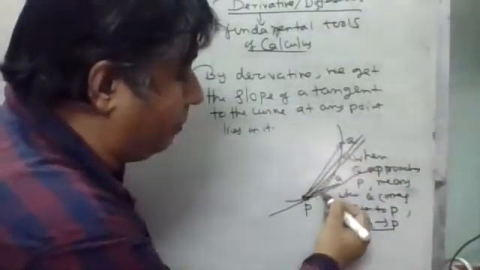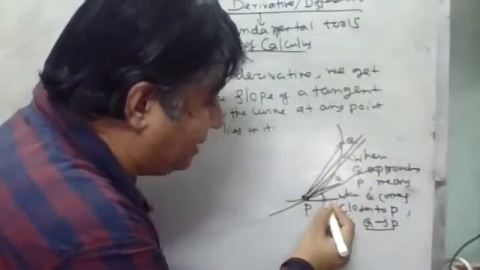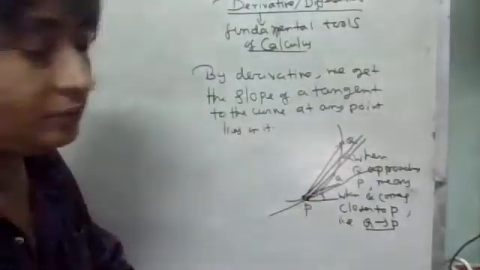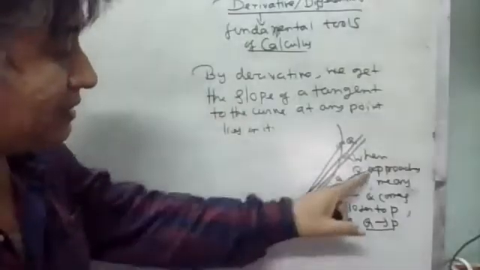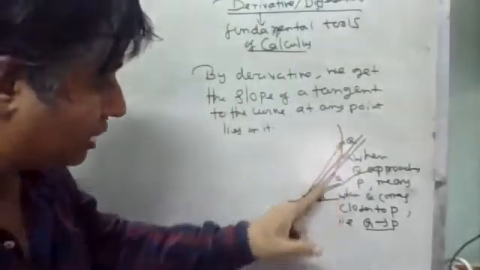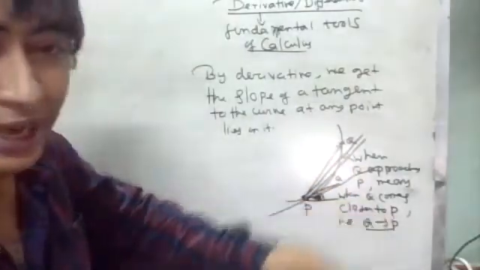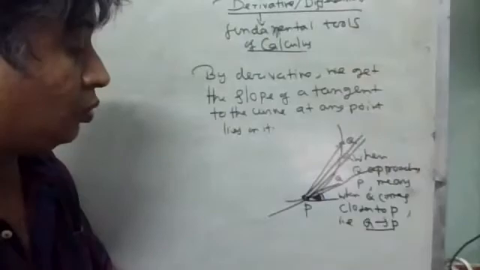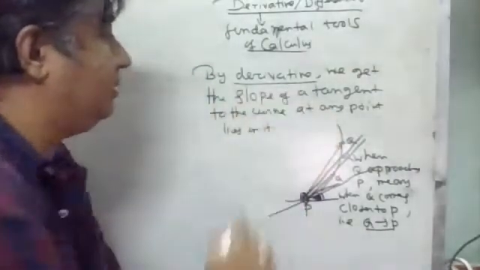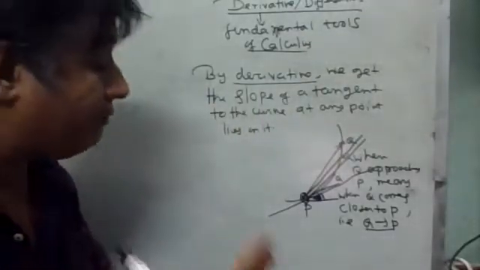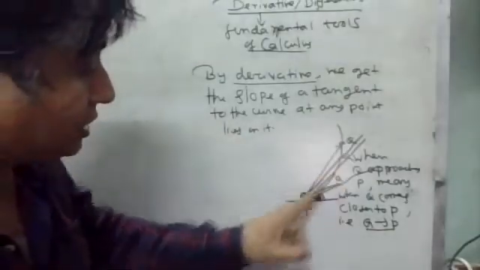That chord will become a tangent. Now, the slope of the tangent you can get by the inclination of this angle. Slope of the tangent at P to the curve gives you the inclination of the line with the horizontal axis. So once you get the tangent at this point, by definition derivative is done, or differentiation is done at this point to this curve.